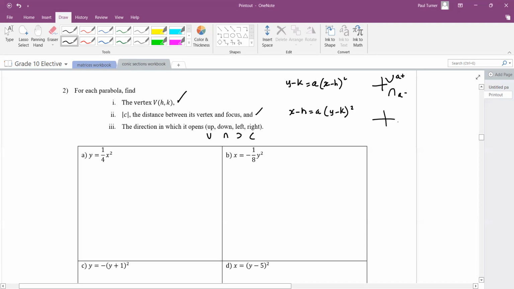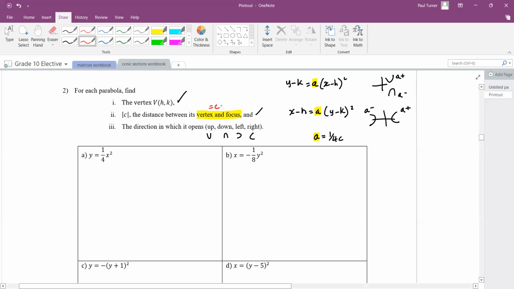So in this case, they open left or right. When a is positive, it will open to the right. When a is negative, it will open to the left. And the other important thing to note is a equals 1 on 4c, where a is this value here, and c is your distance between the vertex and focus.